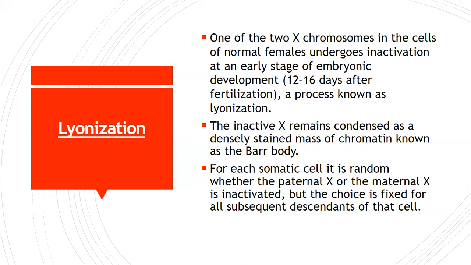So in such cases, an individual is a mosaic carrying two different types of X chromosomes, in which in some cells one X is lionized and in others the other X chromosome is lionized.